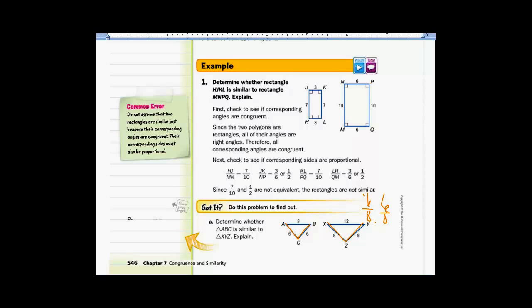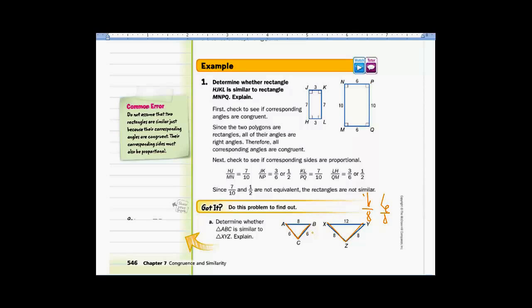But remember that they all have to be that way. So just because you find one that is, if the rest of them are not, it's not going to work. Of course, these two will be, because this is a what kind of triangle? If it has 2 sides the same and 1 side's not, that is an isosceles triangle. So if you pick the 2 sides that are the same, obviously they're going to be the same.